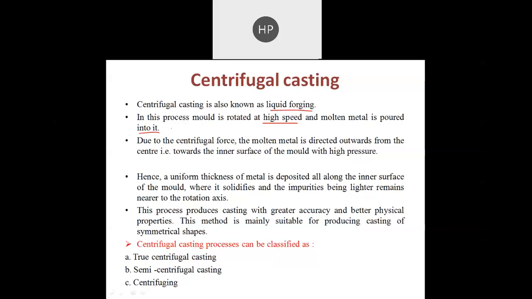So that hollow cylinder is rotating at a very high speed, and in that one we pour the molten metal.